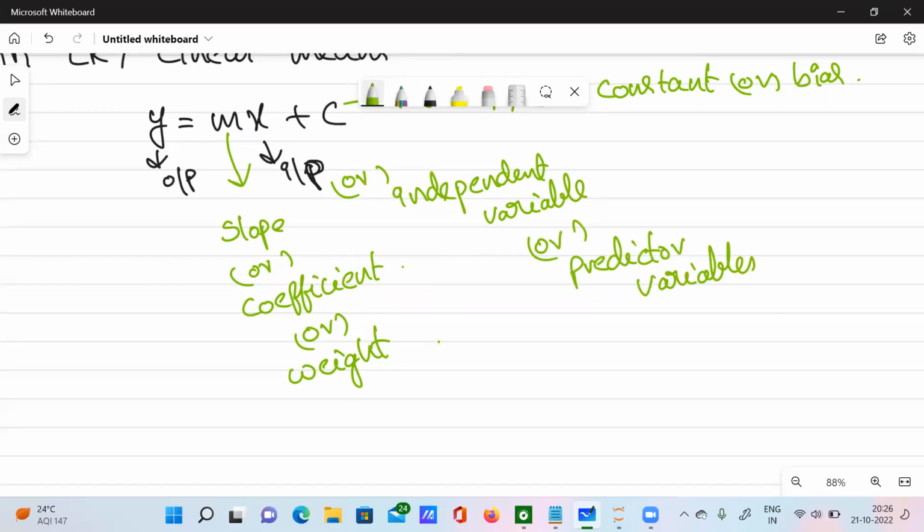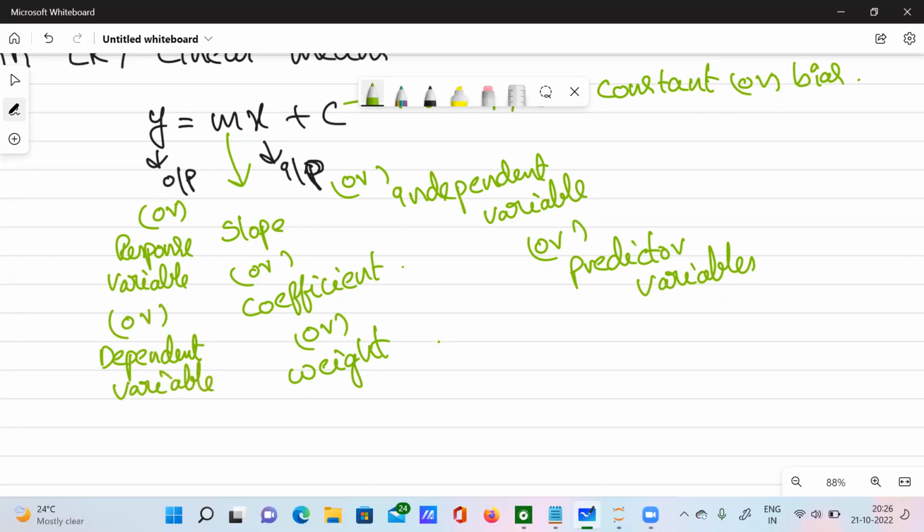This is the output variable, right? So you can also call it the response variable, or the dependent variable. The terminology is different, but the meaning of all these words is that y is the output, m is the coefficient, x is the input, and c is the intercept or constant, whatever you call it. So this is the thing.